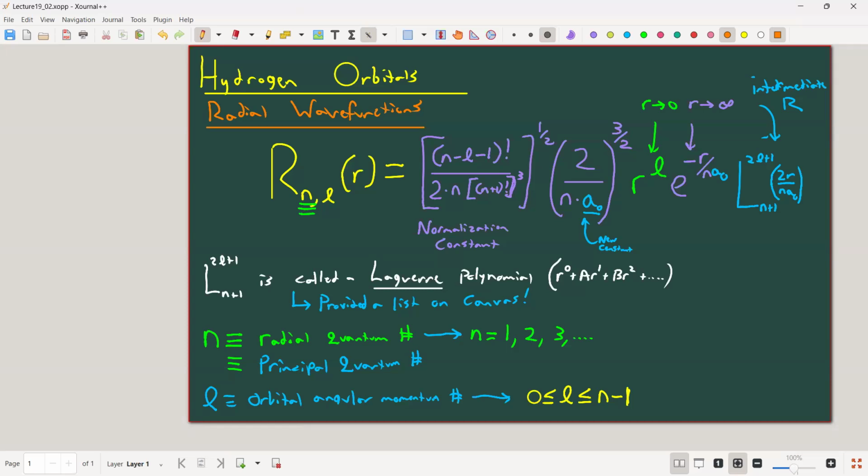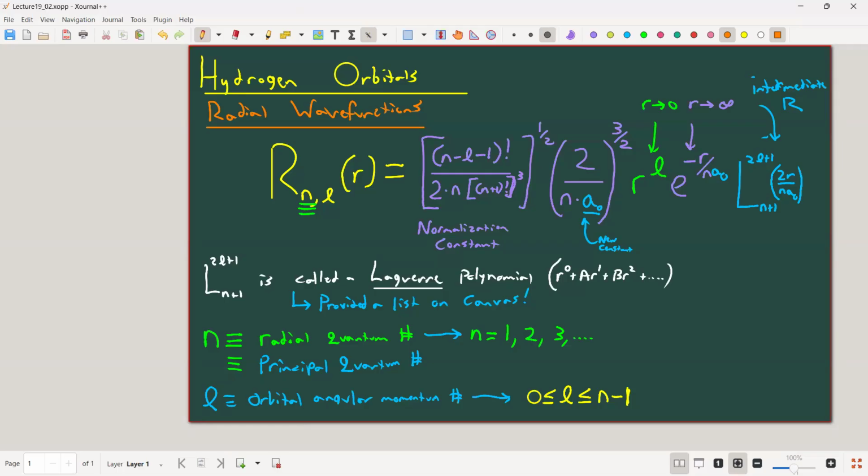Remember the way we tackled this on Thursday, for the 6 people who were here. We looked at the solutions at really, really small r, which is where the centrifugal potential kicks in big time, where 1 over r squared is large compared to 1 over r.